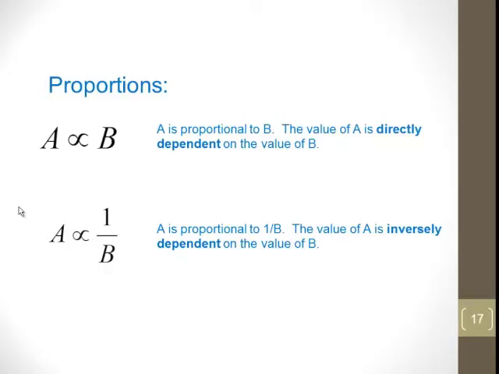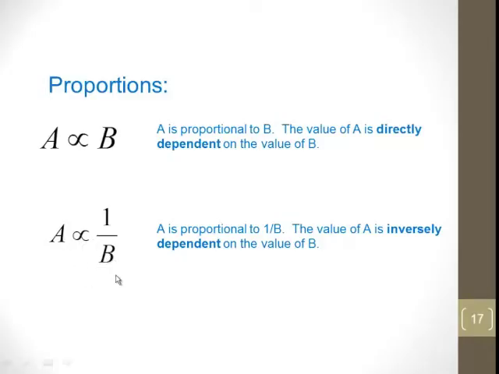Proportions are another very important part of physics. We see that there are many kinds of relationships. The two that we're going to be looking at here is that A is proportional to B, and that means that it varies directly with the value of B. And the second one, which says that A is inversely proportional to B, where B is the independent variable and A is the dependent variable.